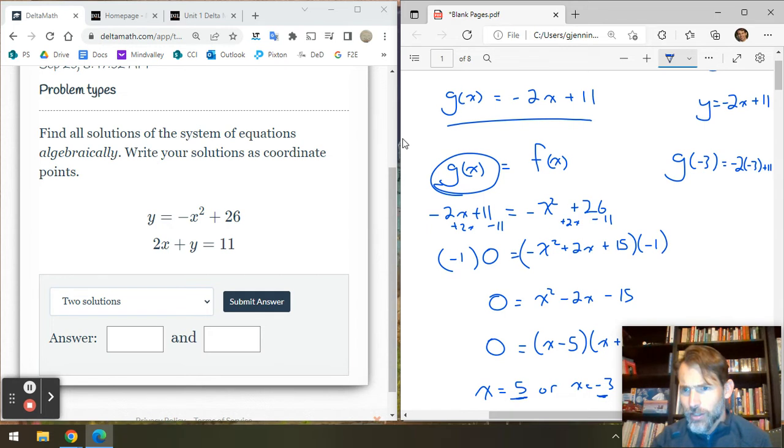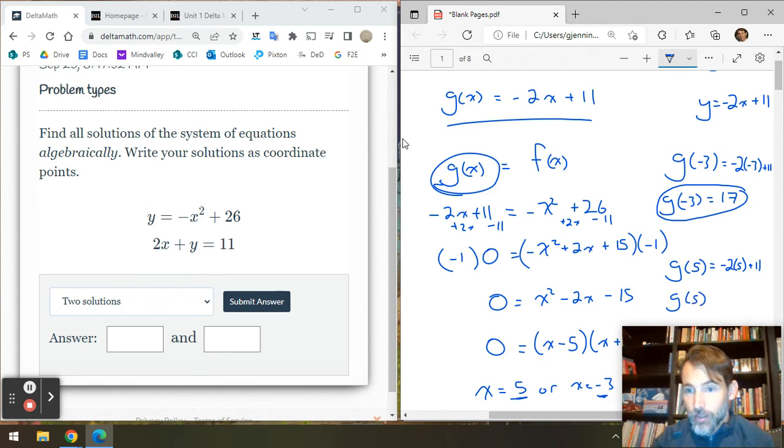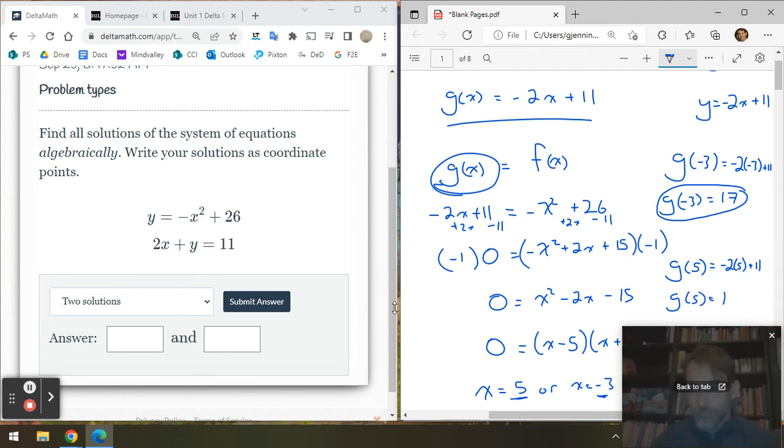Sorry about being right on the edge of the page there, but I hope you got the idea. g at minus 3 is equal to minus 2 times minus 3 is 6, plus 11 is 17. There's one of my points, minus 3, 17. And let's try g at 5, which is minus 2 times 5 plus 11. g at 5 is equal to 1.